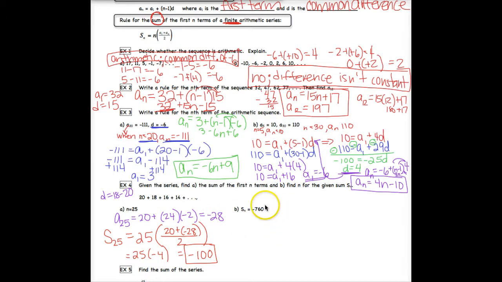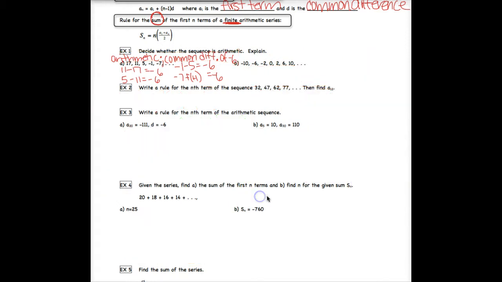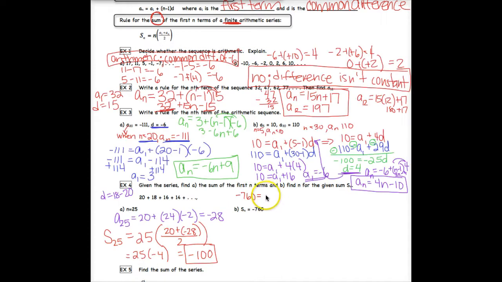So if I look at this, I know that Sn equals negative 760. So negative 760 equals n, which is what I want to know, times a sub 1 plus a sub n over 2.